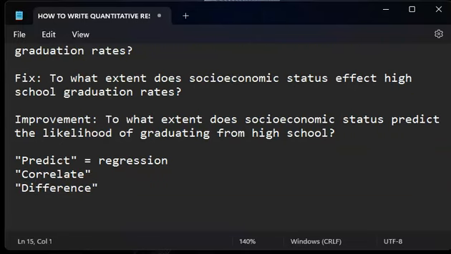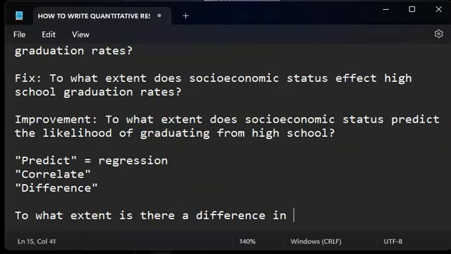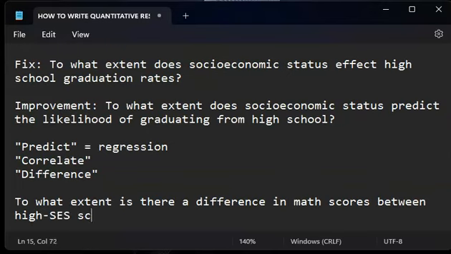For example, to what extent is there a difference in math scores between high SES schools and low SES schools? This is going to be a different approach. We're not using regression. The word difference probably gives me, in this case, an independent samples t-test.